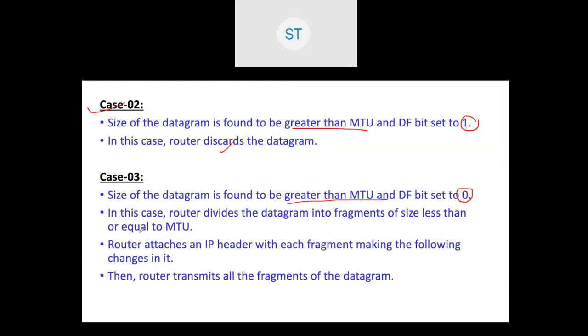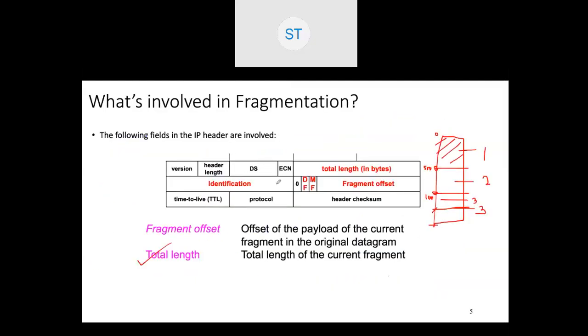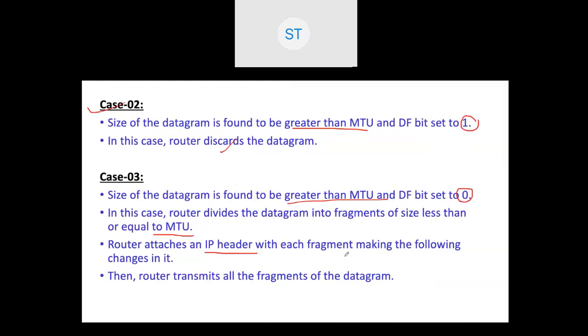In this case, the router divides the datagram into fragments less than or equal to the MTU. And the router attaches the IP header to each fragment by changing the fields which we have seen: ID remains the same, total length will get changed, fragment offset will be added, MF will be added, and DF is 0. Then the router transmits the fragments of the datagram.